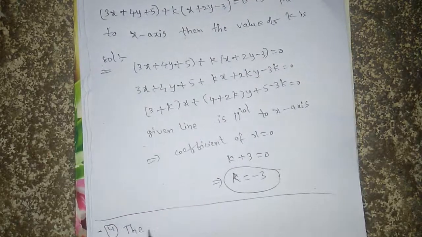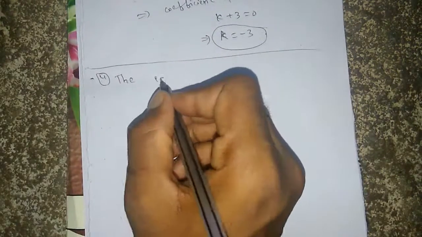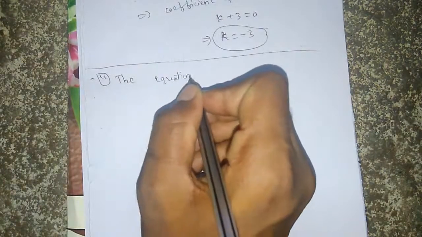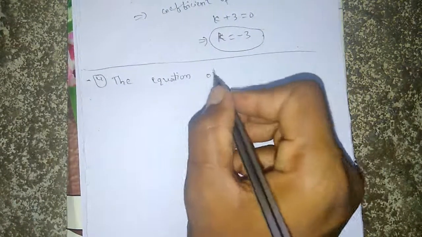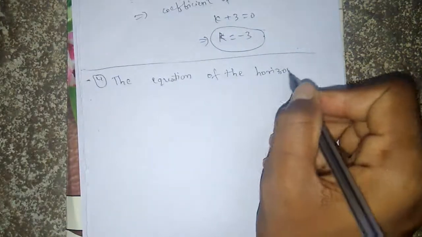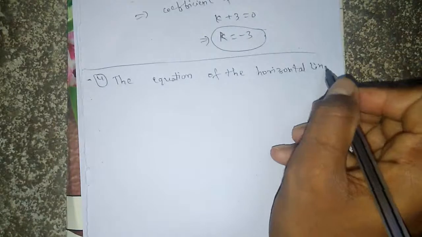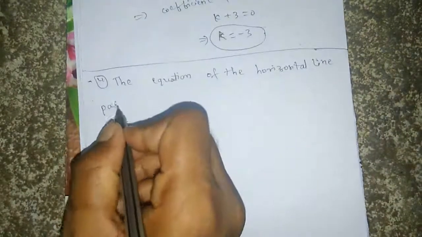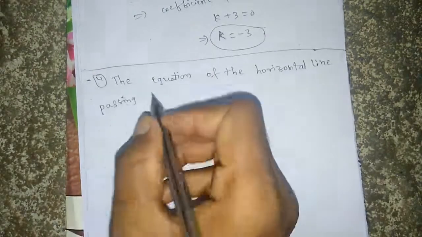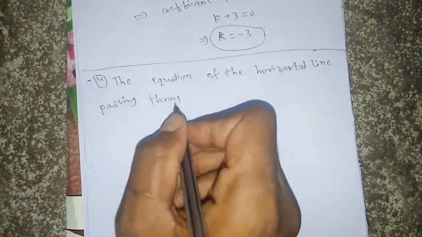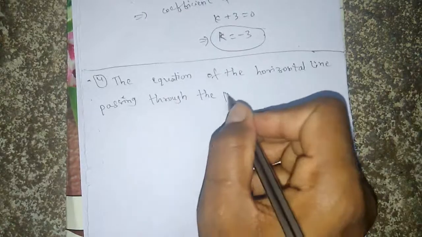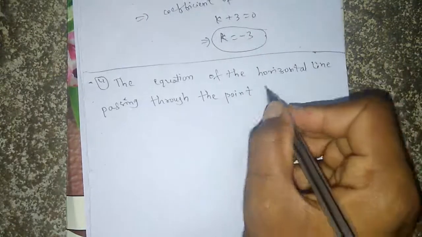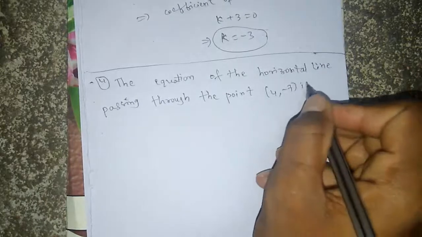Next problem, the equation of the horizontal line passing through the point (4, -7) is.